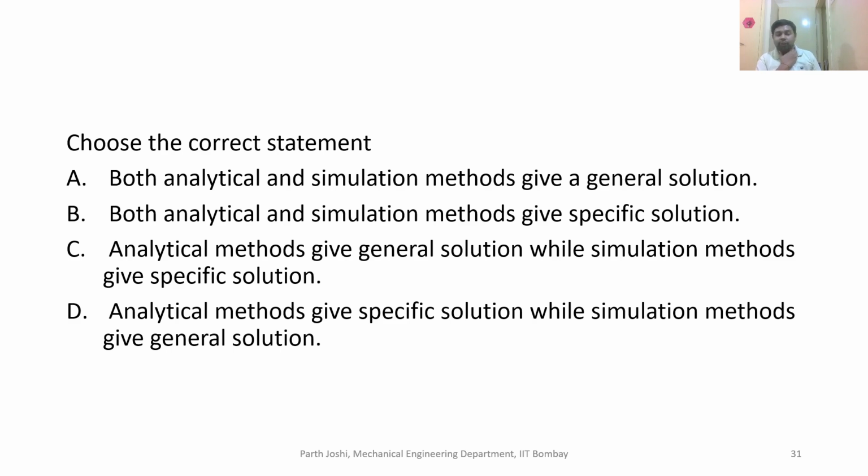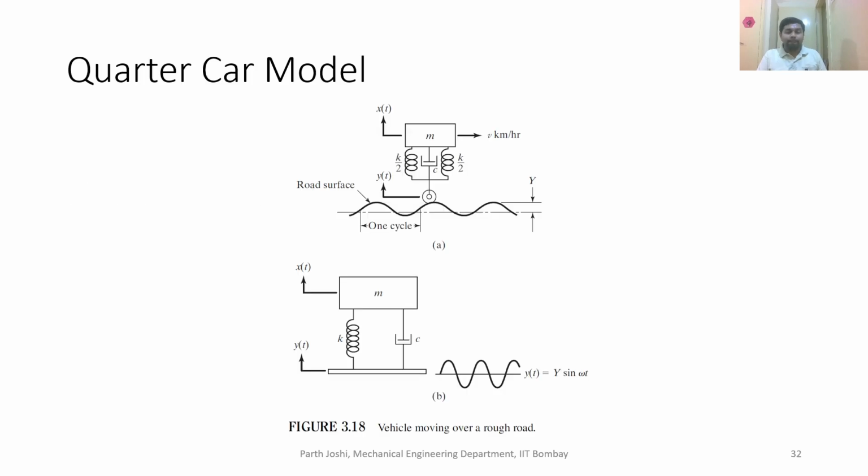We derived the general solution from basic physics principles for that spring mass system, which is applicable for any set of values of the parameters. Whereas in simulation methods we have to give a specific set of parameters and specific initial conditions to get a specific solution. That's generally what we have in computer simulations.